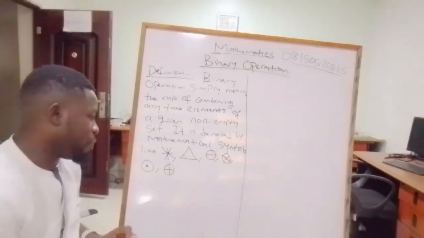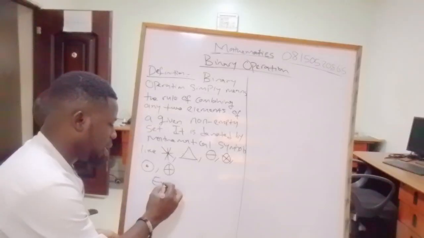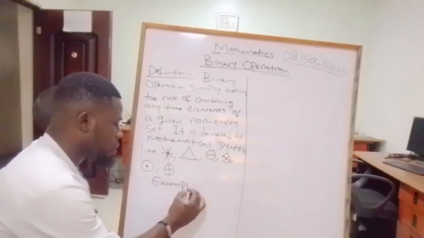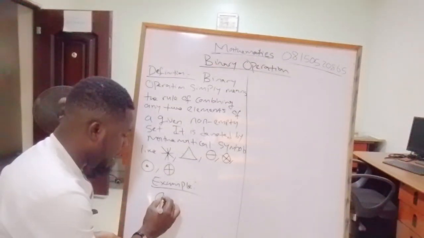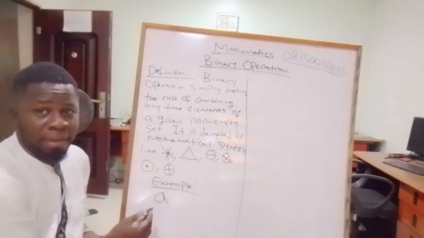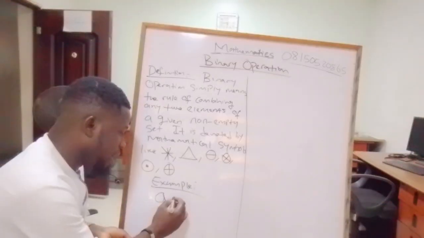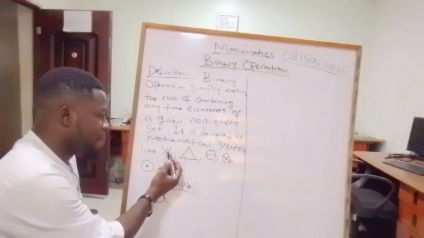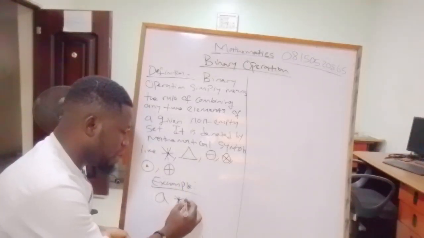For example, if you are talking about a binary situation, you can have something like this: small letter a, then the operation, for which I can make use of an asterisk, then b.